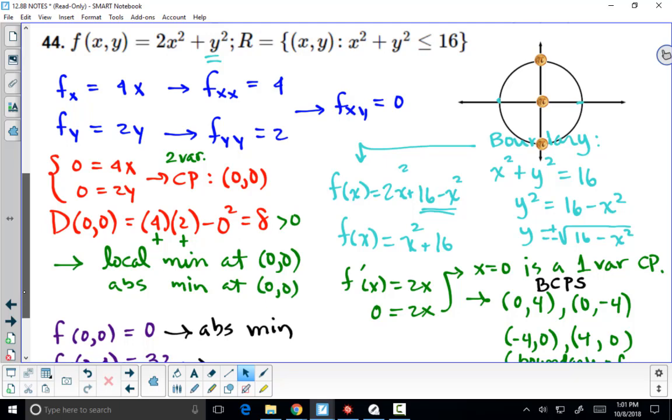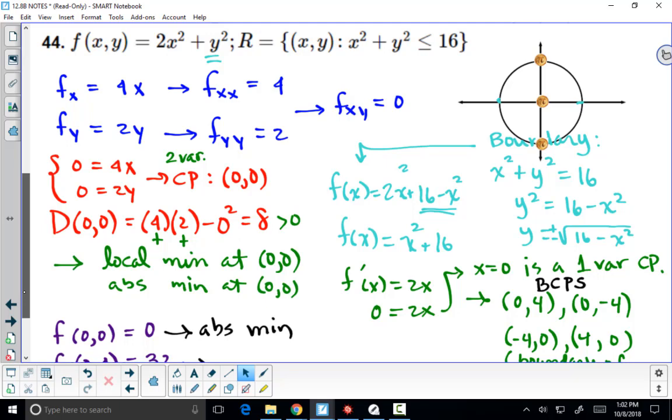So remember that what we did was took our curve and plugged it into the function to create a function of one variable, which in general works, and we're going to do it a bunch today. The reason it didn't work here is that we're trying to create a function of x, and this circle is not a function of x.